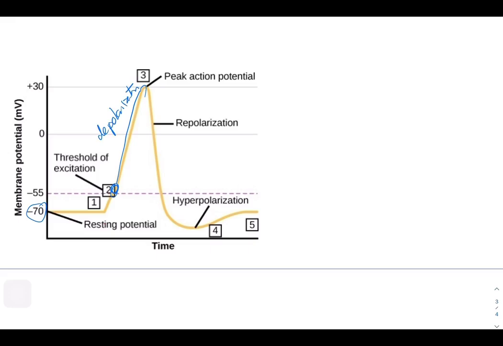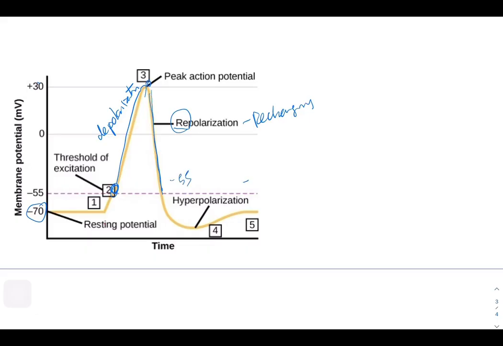After it reaches its peak of plus 30, it loses its energy, then it comes back down again. This part coming back down is called repolarization. That's it recharging itself. You can see it went from positive 30 millivolts all the way back down to minus 55. It's becoming more and more negative.